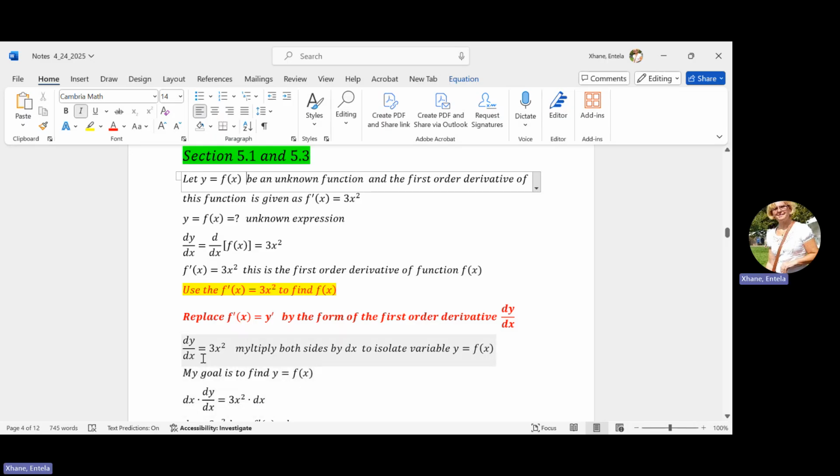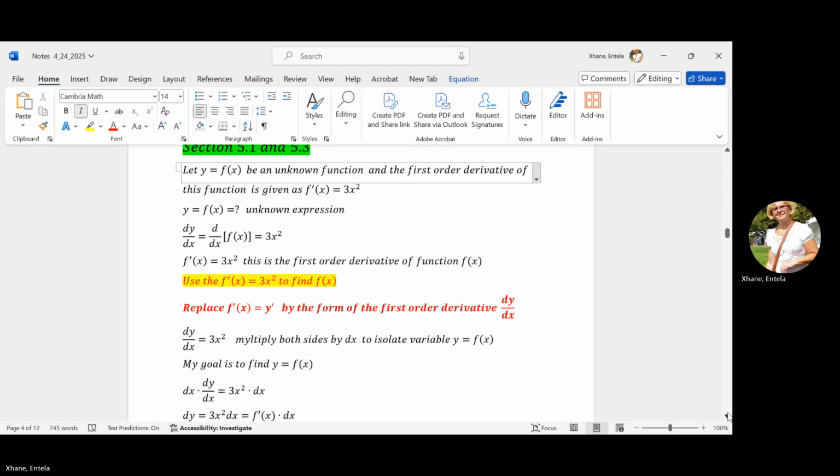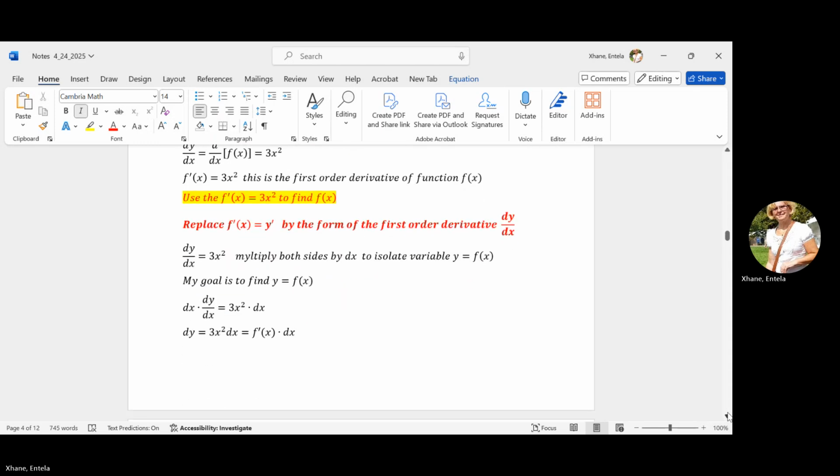So multiply both sides by dx to eliminate the denominator. That means dy equals 3x squared dx.